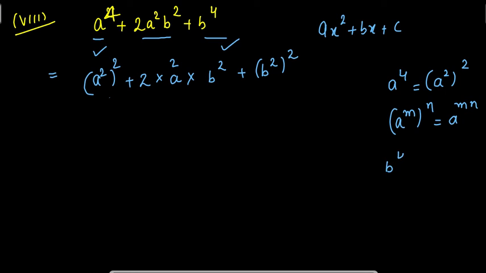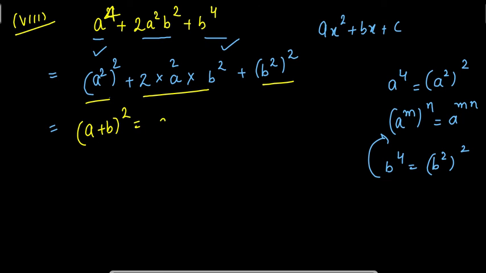Similarly, I can write b raised to the power 4 as b square whole square. So now again, this is a square plus 2ab plus b square. So using the same identity, a plus b whole square, which is equal to a square plus 2ab plus b square, my expression is in this form.